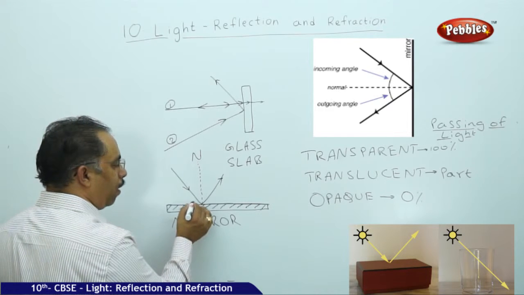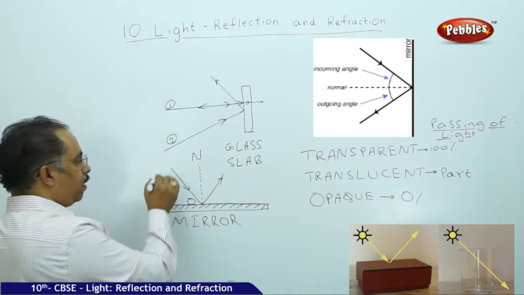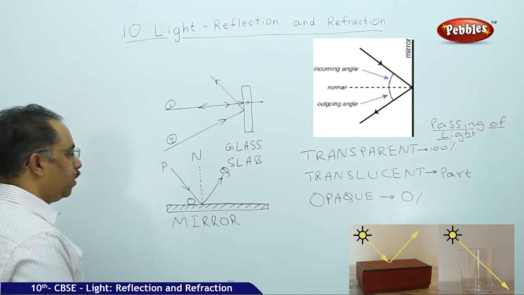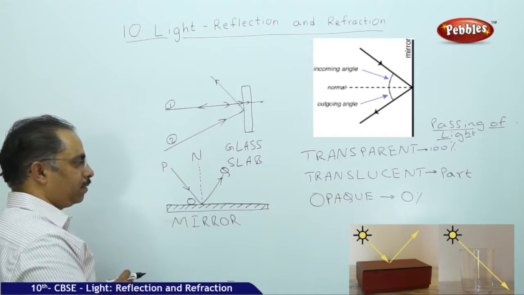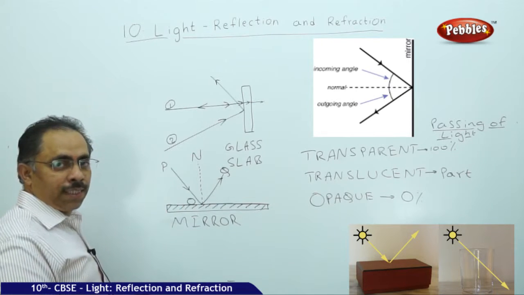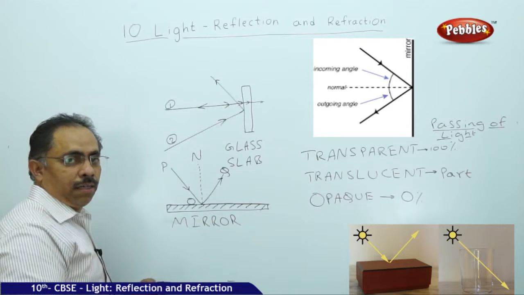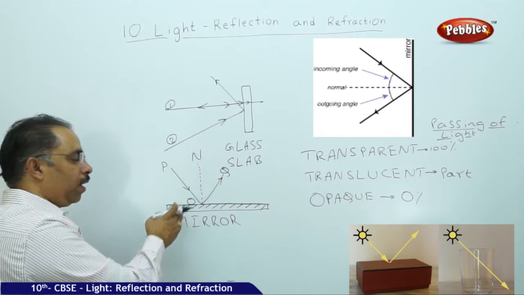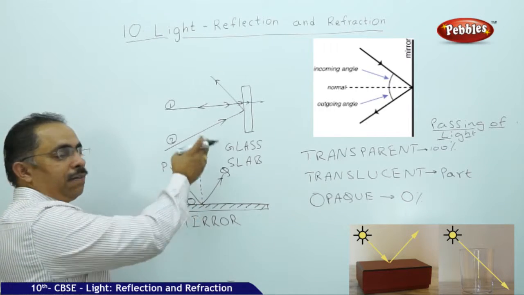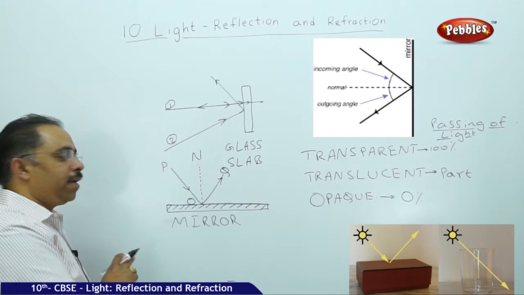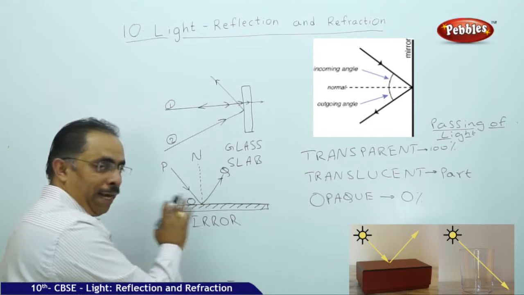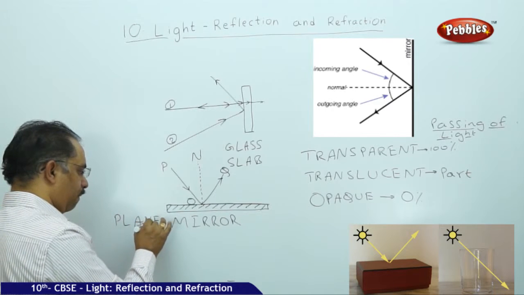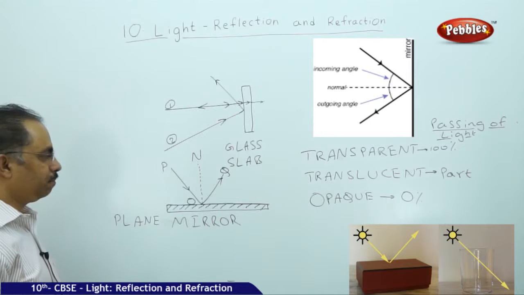I say this is the point of incidence, I will mark it as O, P, and let us say Q. So PO is the incident ray, O is the point of incidence, OQ is the reflected ray, and this material which allows 100% of light to get reflected back is a mirror, and if it is perfectly smooth and plain, we call it a plane mirror.